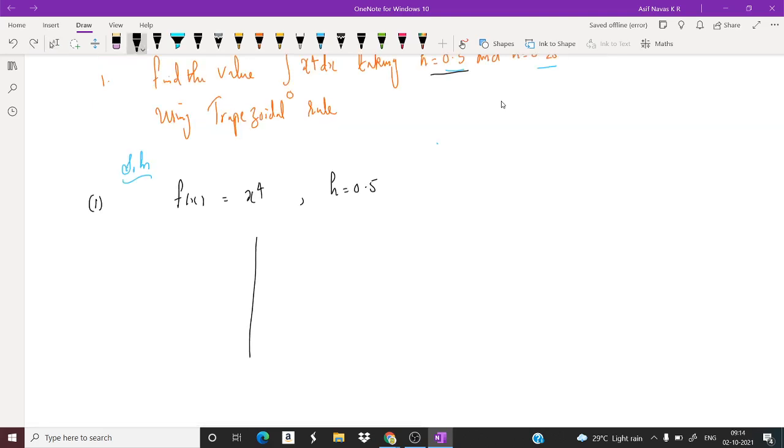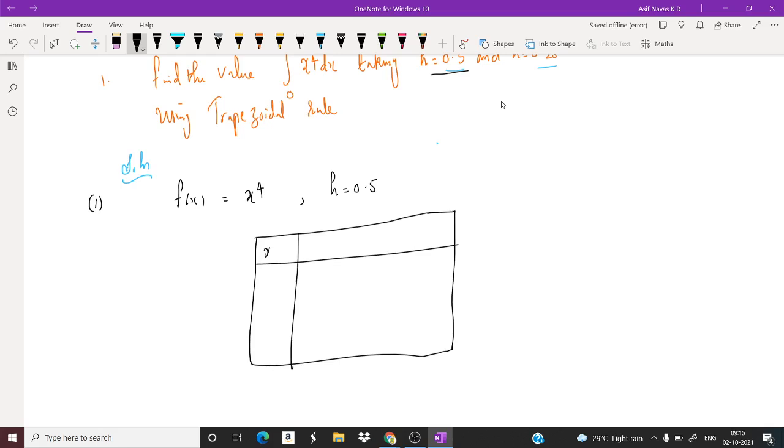First I will write the x values here, and here f(x) is equal to x raised to 4.